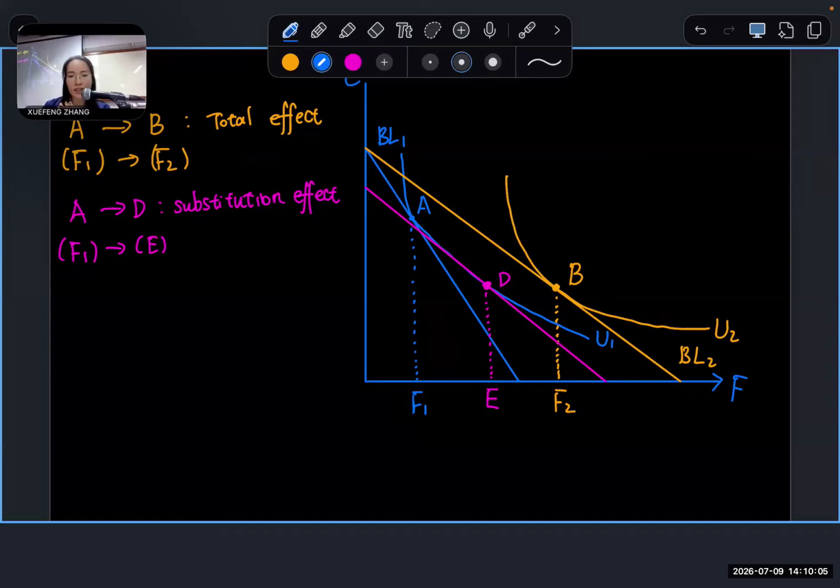And then from D to B, or from point E to point F2, this is the income effect.